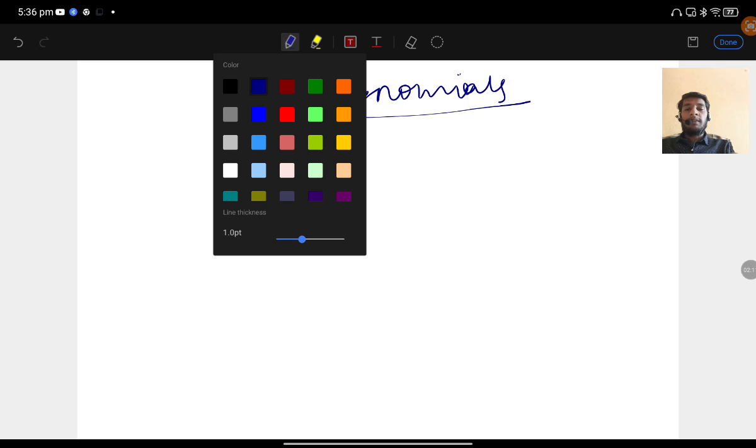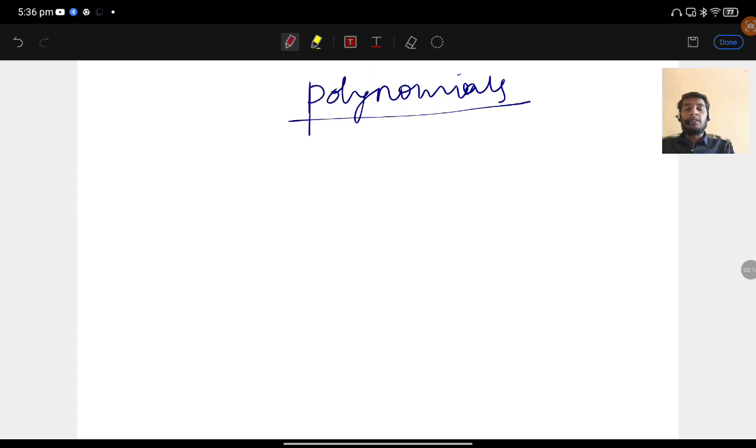So, what actually does polynomials mean? Dear students, as you learnt about algebraic expressions in the previous classes, they may be monomial, binomial, trinomial, like that.